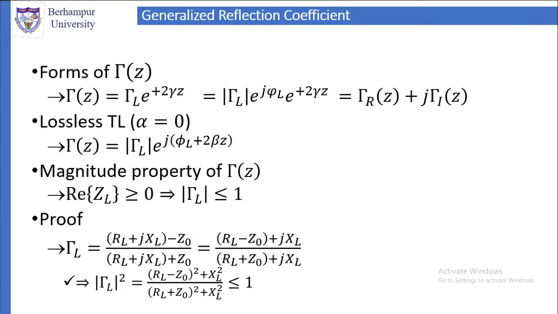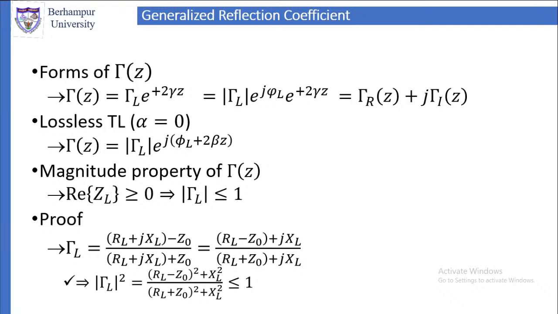So since the numerator is smaller than the denominator, gamma L square will be less than or equal to 1. When the numerator is equal to 0, it will be 0. If RL minus Z0 is equal to 0, then RL plus Z0 is not equal to 0.